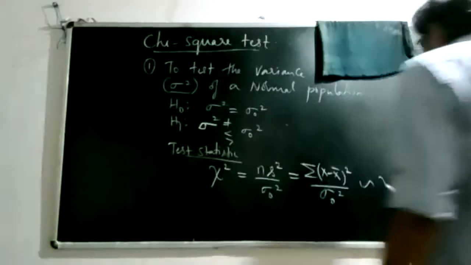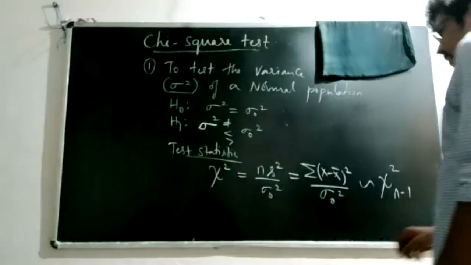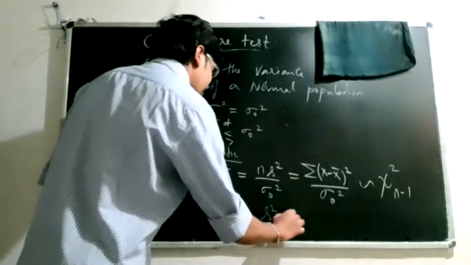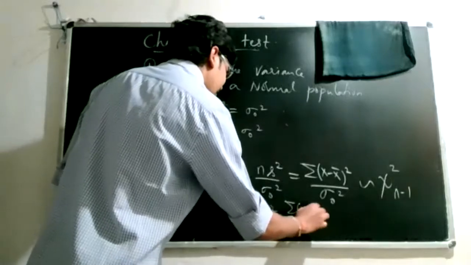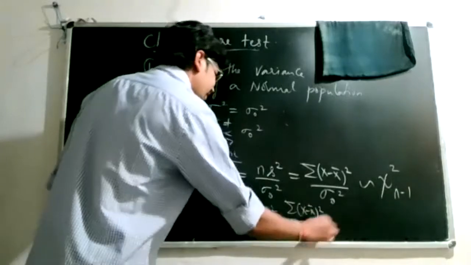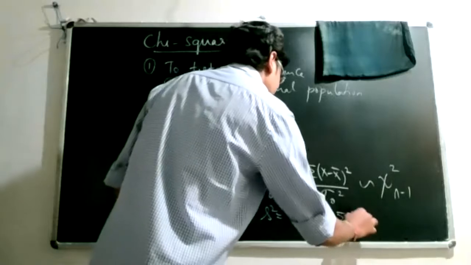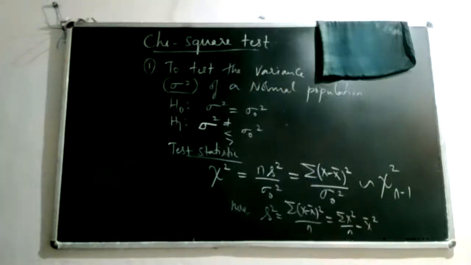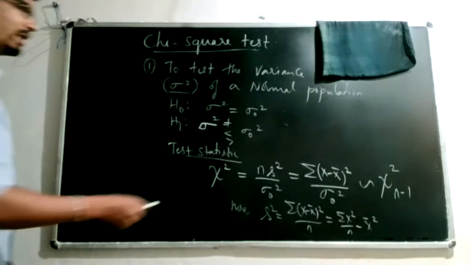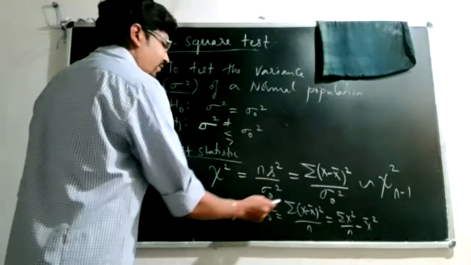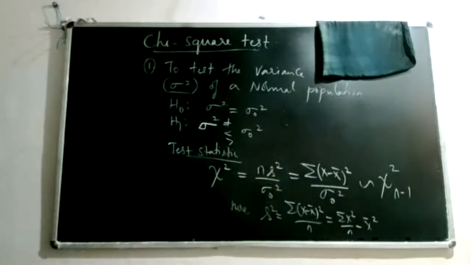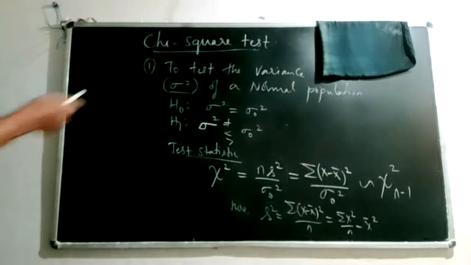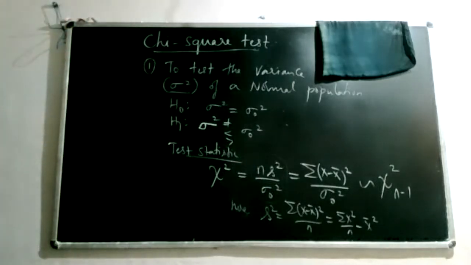When you have raw data, this always follows chi-square with n minus 1 degrees of freedom, and here the sample variance s square is sigma (x minus x bar) whole square by n, or sigma x square by n minus x bar square. So we are using the variance, and theoretically it is proved that the observed variance divided by sigma square follows the chi-square distribution.